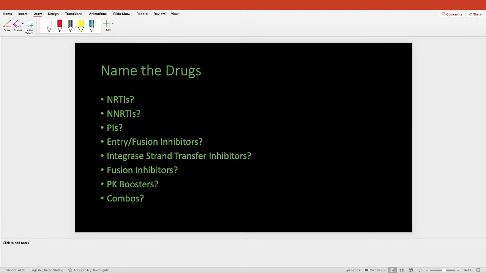Know some of the important side effects, like the one I just mentioned about enfuvirtide, or efavirenz, which definitely has an association with vivid dreams. Also rash and CNS side effects, particularly when it comes to NNRTIs.